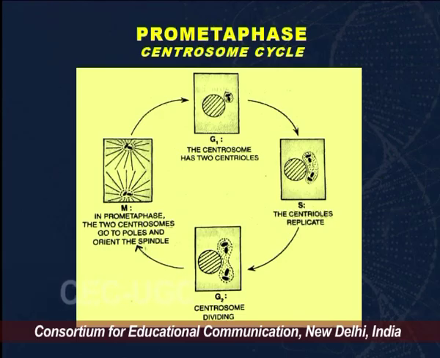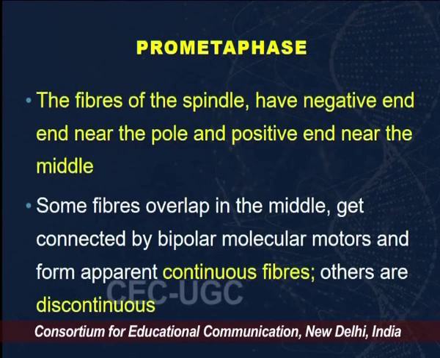This is the cycle I have shown: the centrosome, the centrioles, are duplicating and then dividing into two, and then in pro-metaphase they move towards the poles and create those spindles through microtubules.